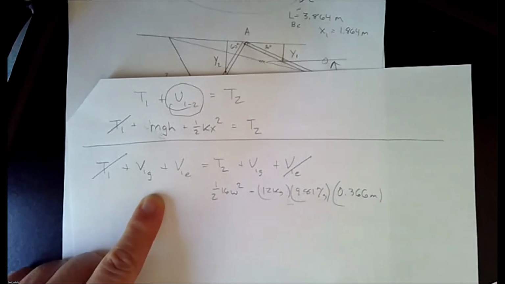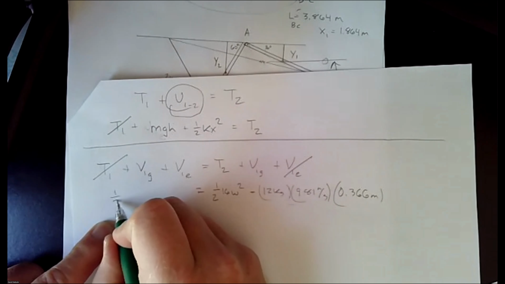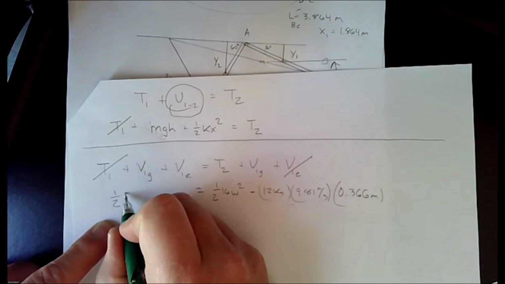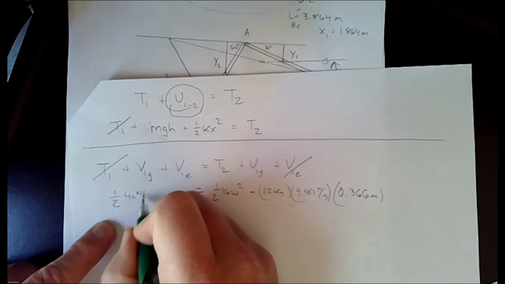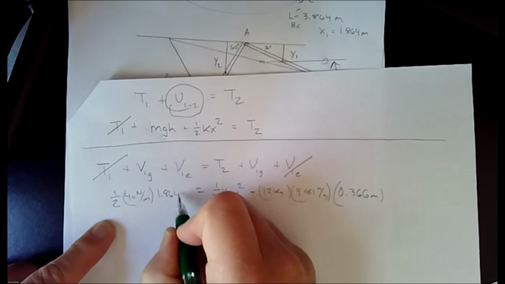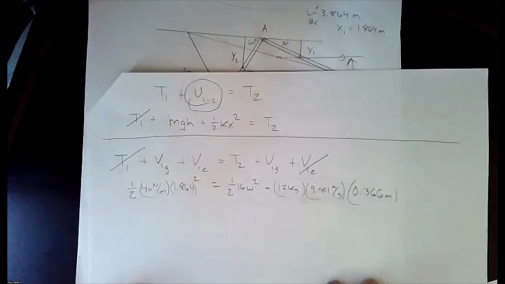And then on the other side, I just have 1/2 times 40 newtons per meter times 1.864 squared. All right, so let's look at what I did.